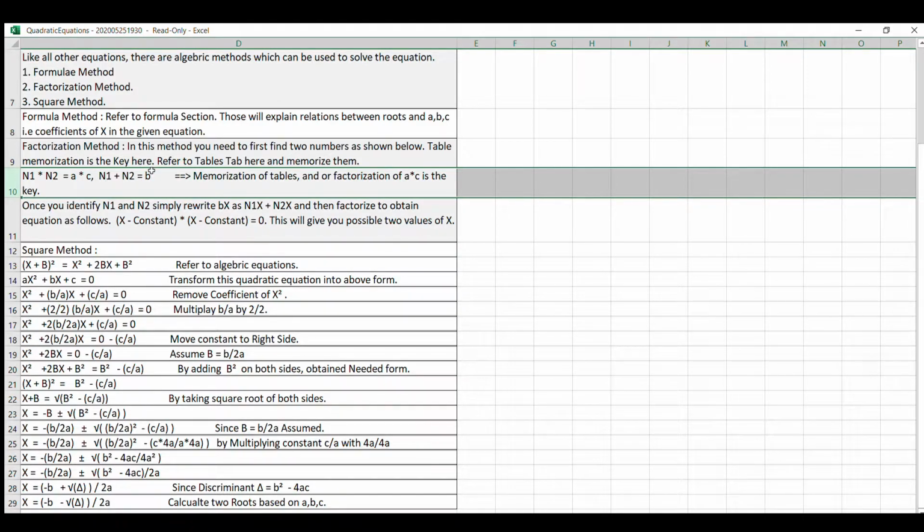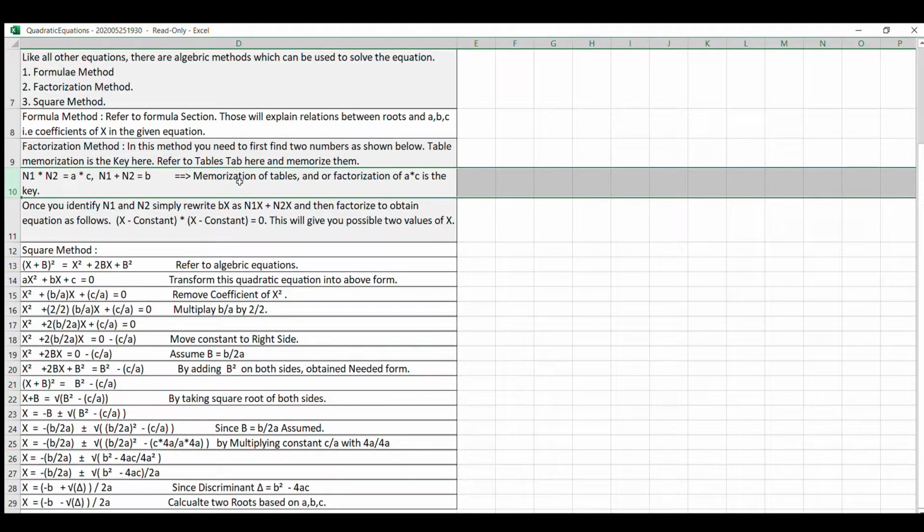Once you do this, then you can rewrite that bx as n1x plus n2x. And once you have written the equation that way, it becomes ax square plus or minus n1x plus or minus n2x plus or minus c is equal to 0.